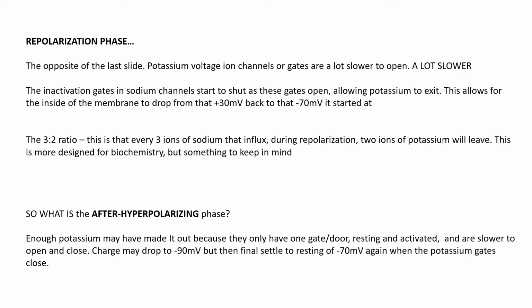If you guessed it already, this would reduce the positive charge inside the membrane. So repolarization from that positive 30 millivolts is dropping it back down to negative 70. It's got to subtract 100 millivolts back to its resting negative 70 millivolts. So that's where it started, actually.